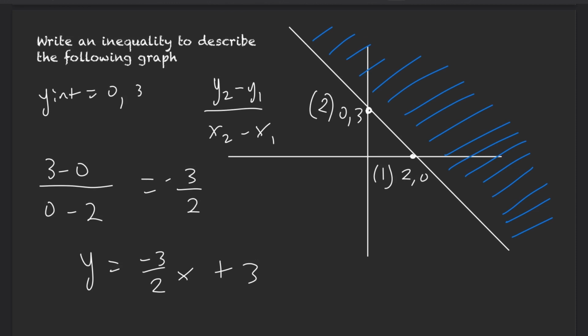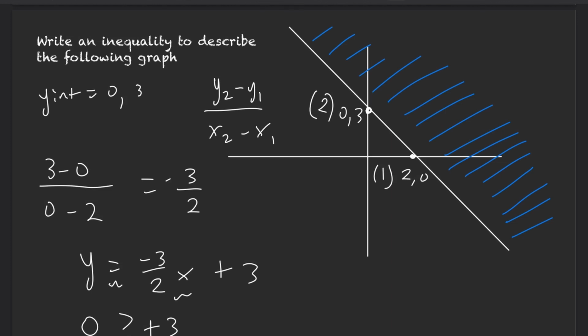And then the last step is to change the equal sign into greater than or equal to, so we know that everything to the right of the graph is shaded. If we plug in 0 comma 0, we get 0 is greater than or equal to 3, which is false. We want it to be false, because 0 comma 0 is not part of the solution.